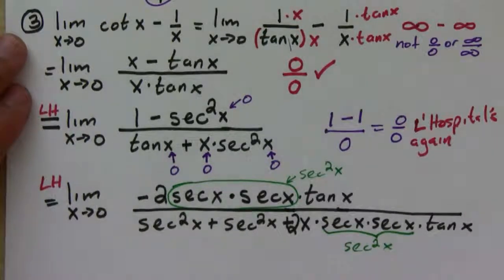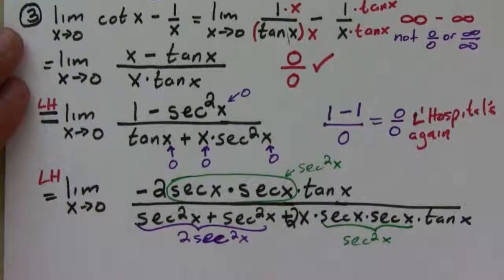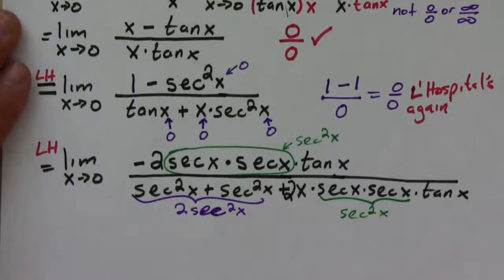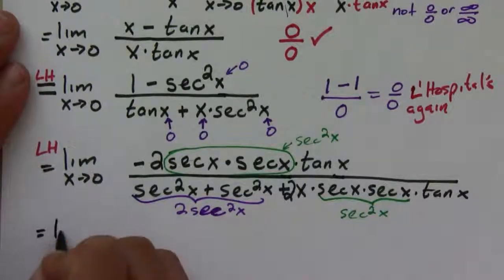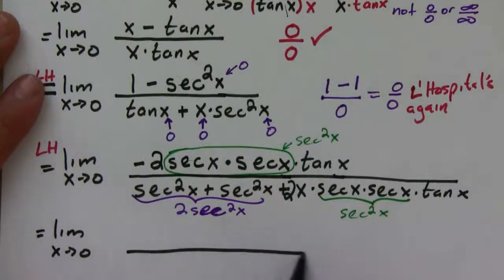And these two we can combine into 2 secant squared x. And so what we can do is factor out a secant squared and get a simpler expression. So why don't we do that? We're not using L'Hopital's rule again yet. But on the bottom, I'm going to factor out a secant squared x.